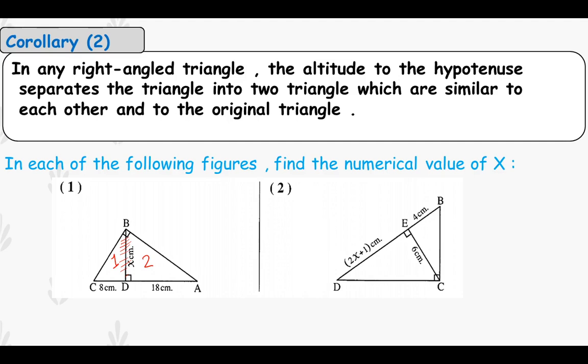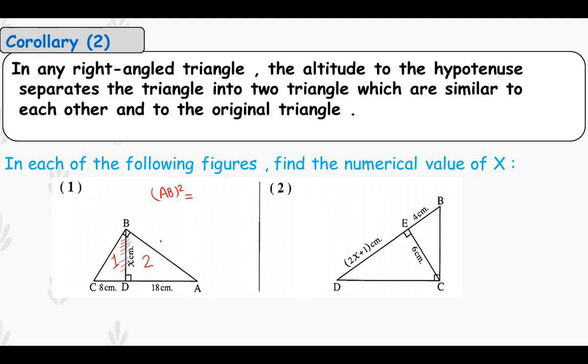So we are going to revise Euclidean theorem and solve two examples together. But first, you need to memorize Euclidean theorem. If you want to find AB, here AB squared equals AD multiplied by AC.